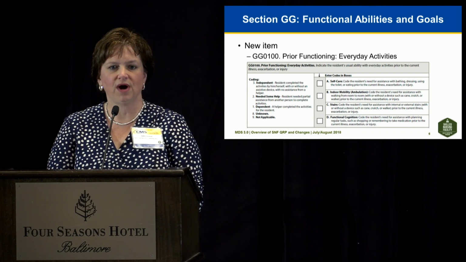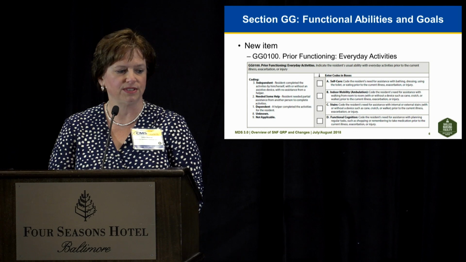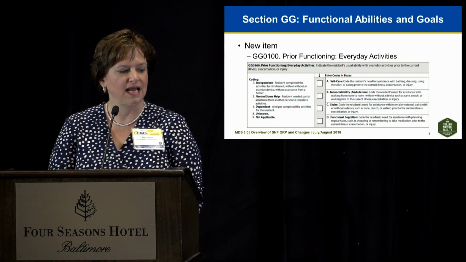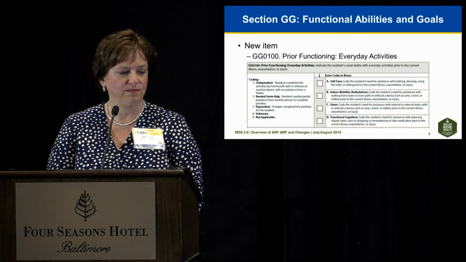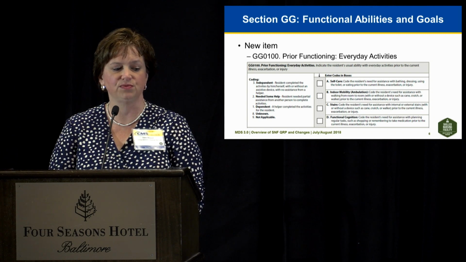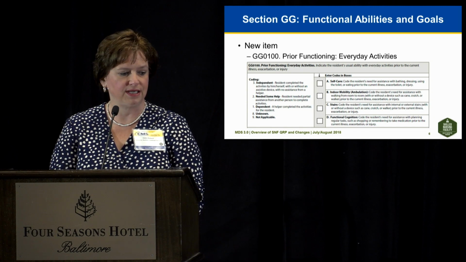The first new item that you will see is item GG0100, prior functioning everyday activities. As you can see in this sample, the new item will collect data on the resident's ability to do everyday activities prior to their current illness, exacerbation, or injury.